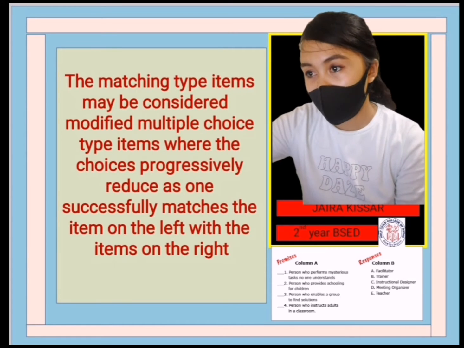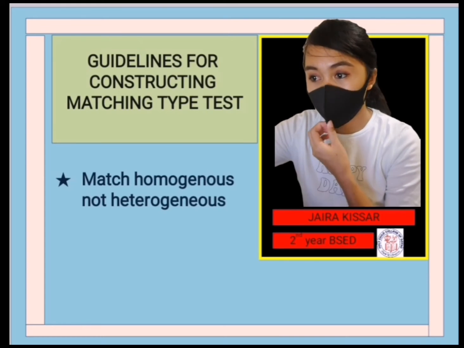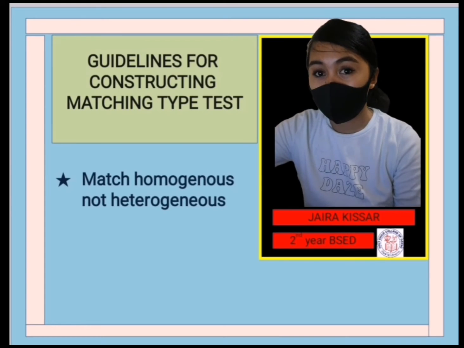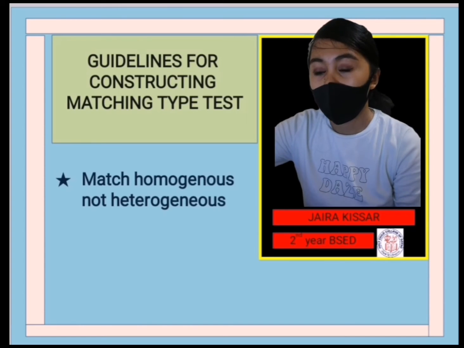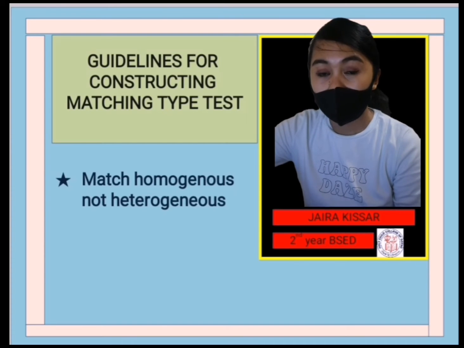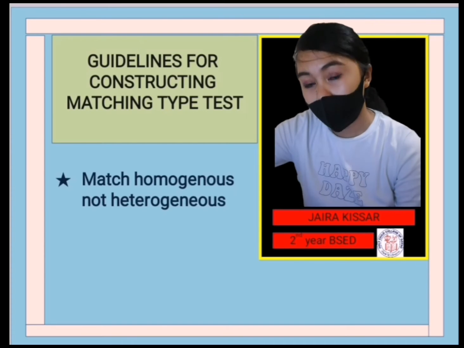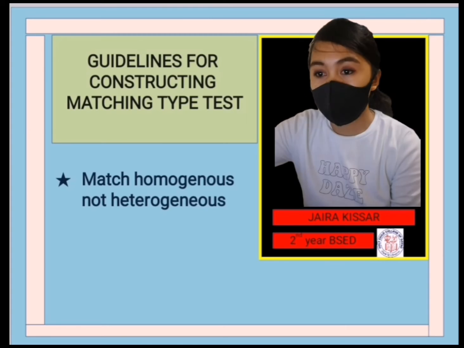So the next is the guidelines for constructing matching types. Match homogeneous, not heterogeneous items. For example, if your students need to match authors with their literary works, in column A will be the authors, and in the second column must be their works.